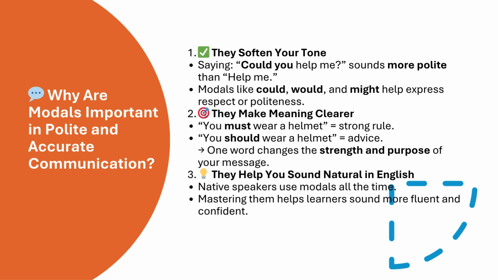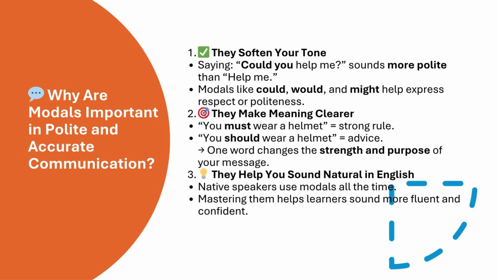So it's really important for us to understand where we should use which modal. And the third reason is it helps us sound natural, because native speakers use modals all the time. If you master them, it will help you to be more fluent and confident.